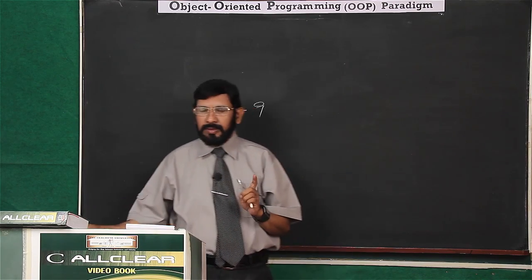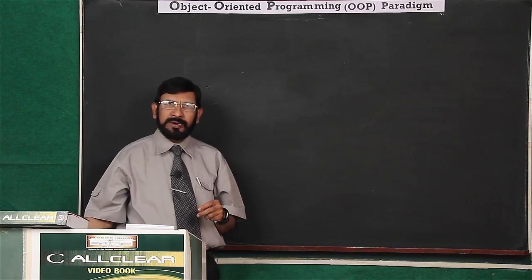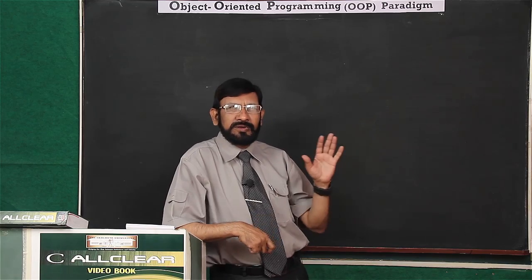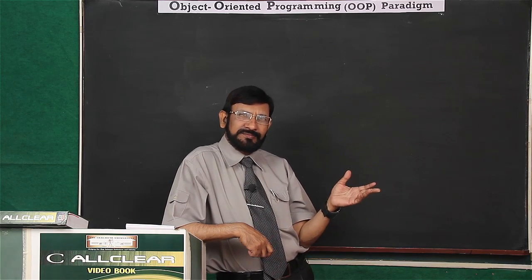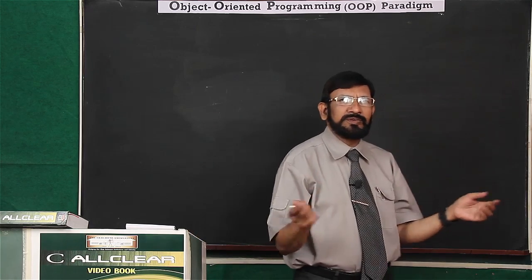So what you have to mainly understand in object oriented programming is that the entire world is a collection of objects. In other words, there is nothing in the world which is not an object.